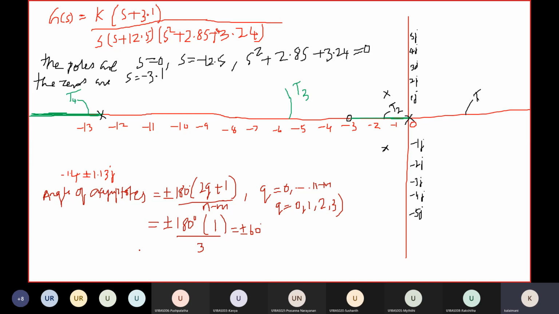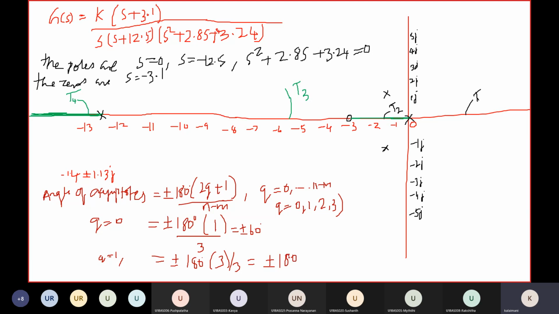Then when q equal to 1, 2q plus 1 is 2 plus 1, 3 by 3, and I get plus or minus 180 degrees.